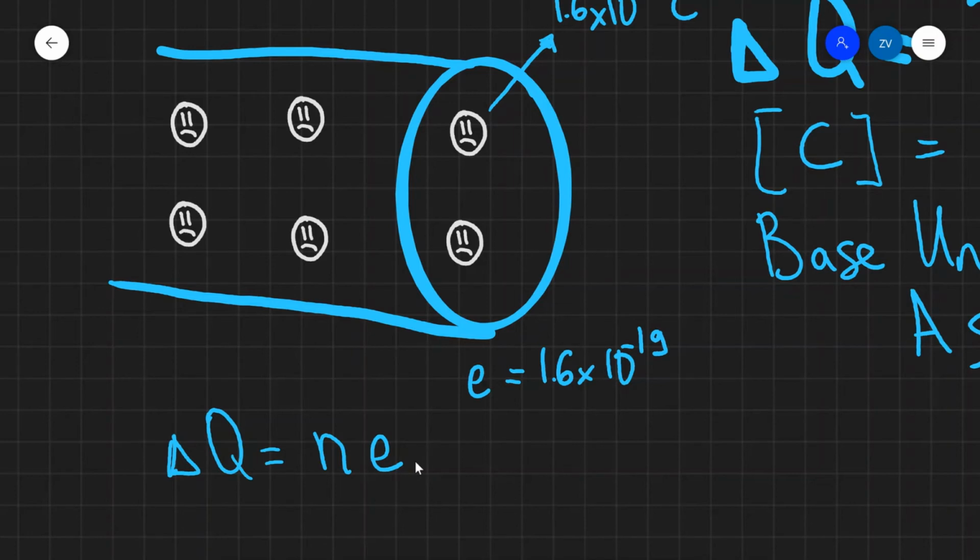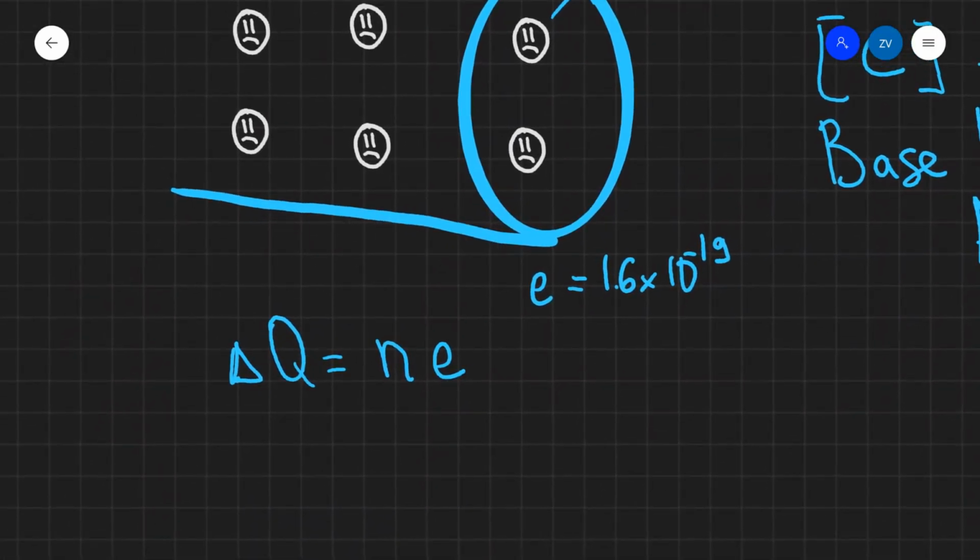Okay, so we know that the total charge is a multiple of the elementary charge, and this number n over here is simply the number of unbalanced charges.